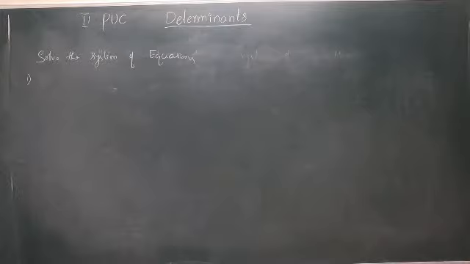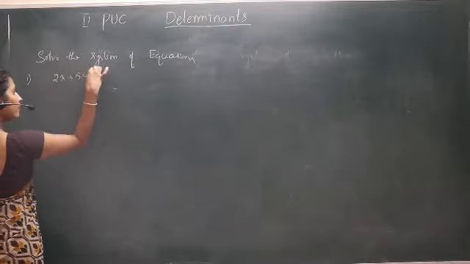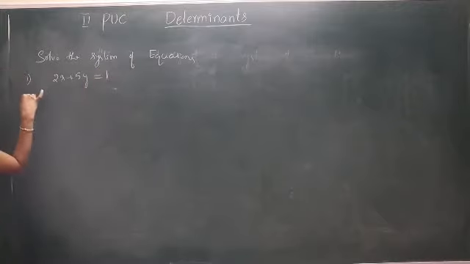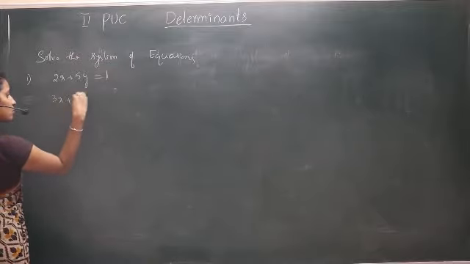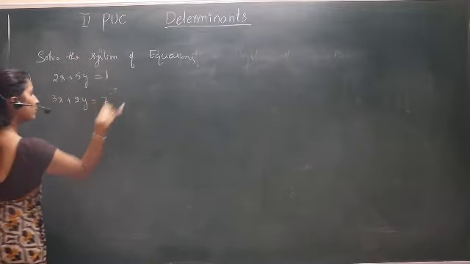The first one: 2x plus 5y equal to 1. One more equation: 3x plus 2y is equal to 7.